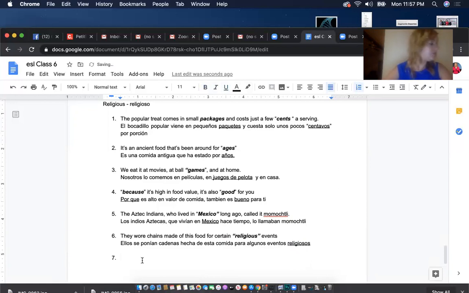Number 7. American colonists put milk and sugar on it and ate it like, now you have to figure out the word.